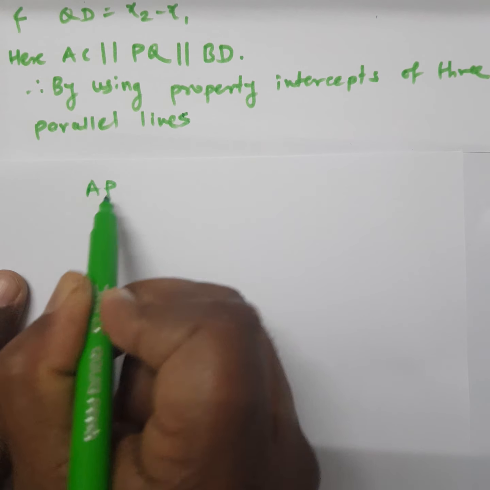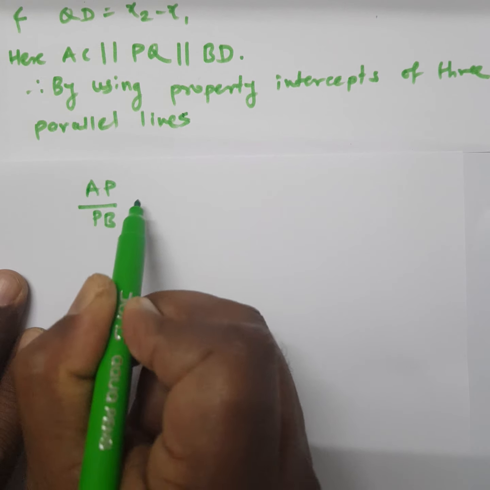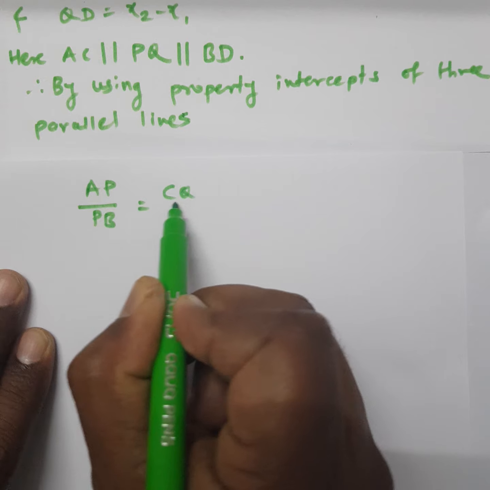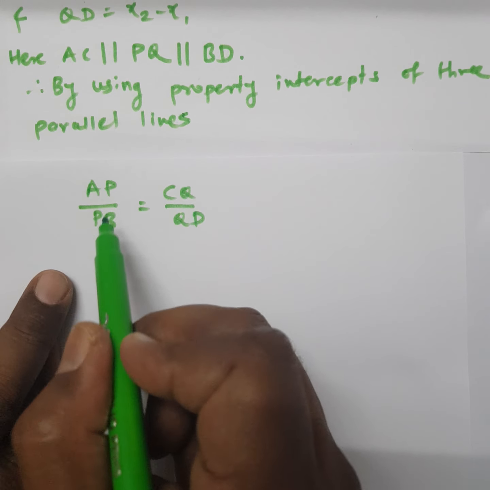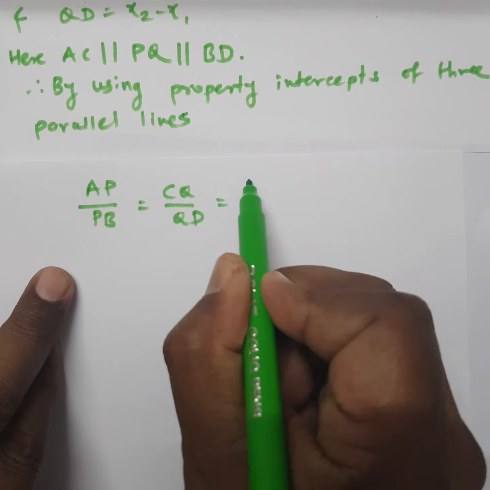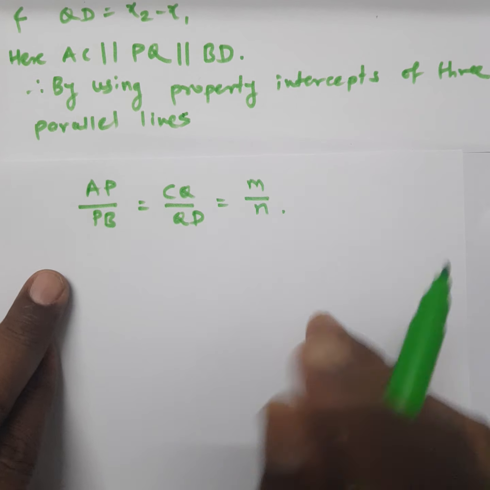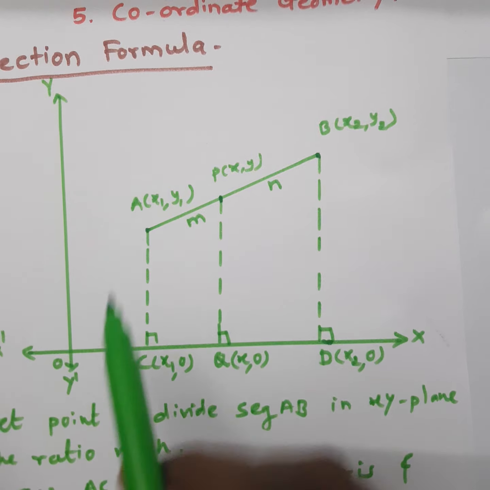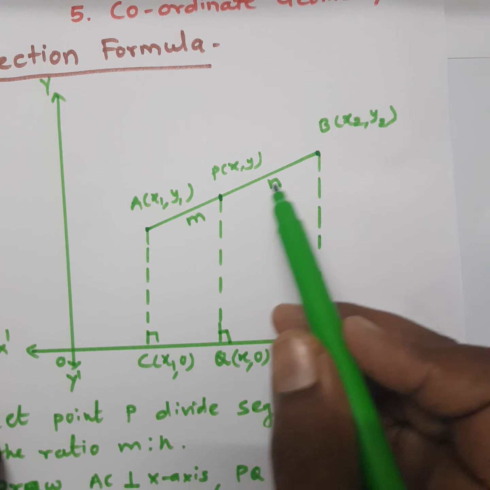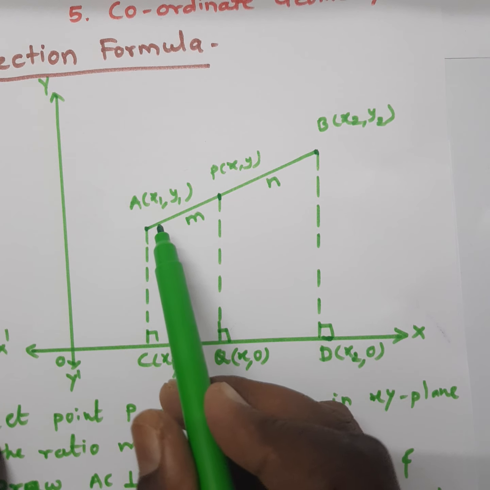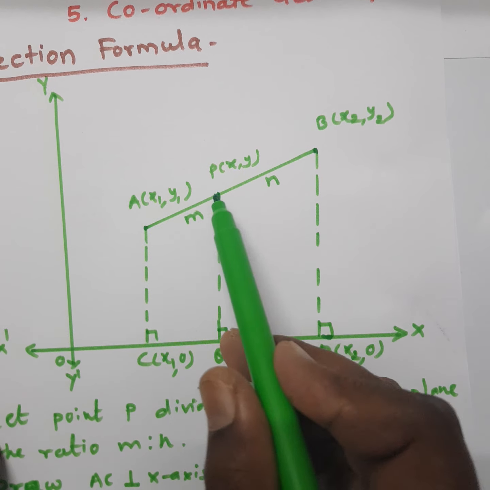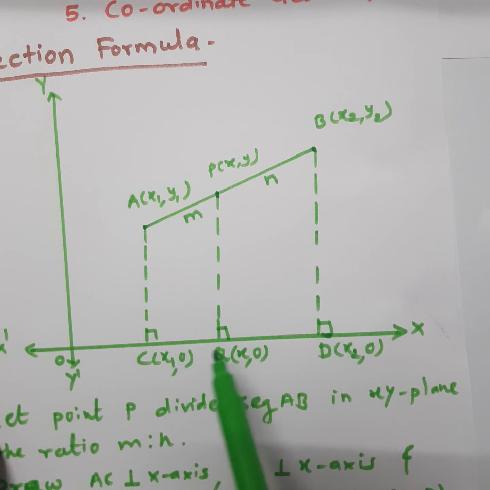AP upon PB is equal to CQ upon QD, but the ratio AP upon PB is m upon n. We have already seen AP upon PB is equal to m upon n, and by the property of three parallel lines, AP upon PB is equal to CQ upon QD.